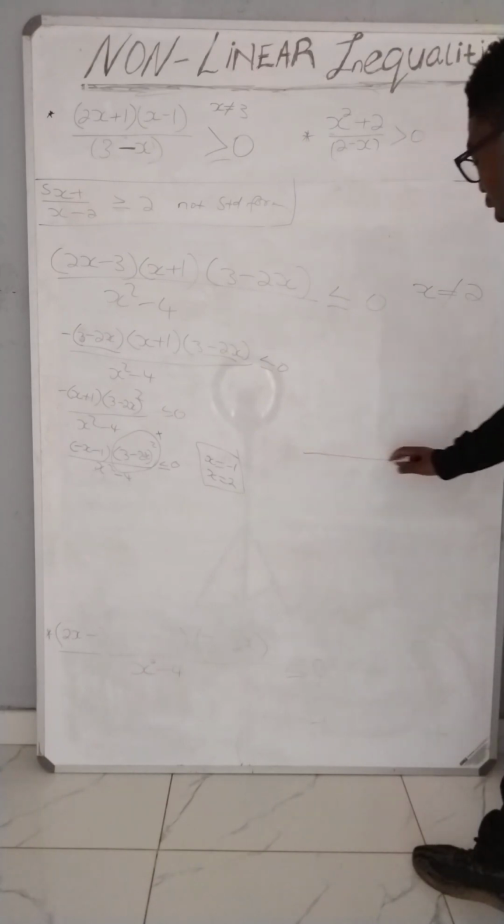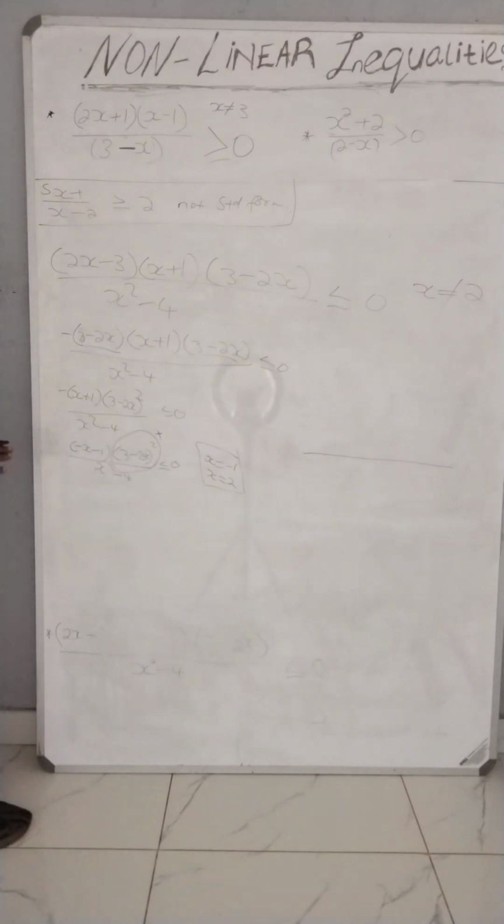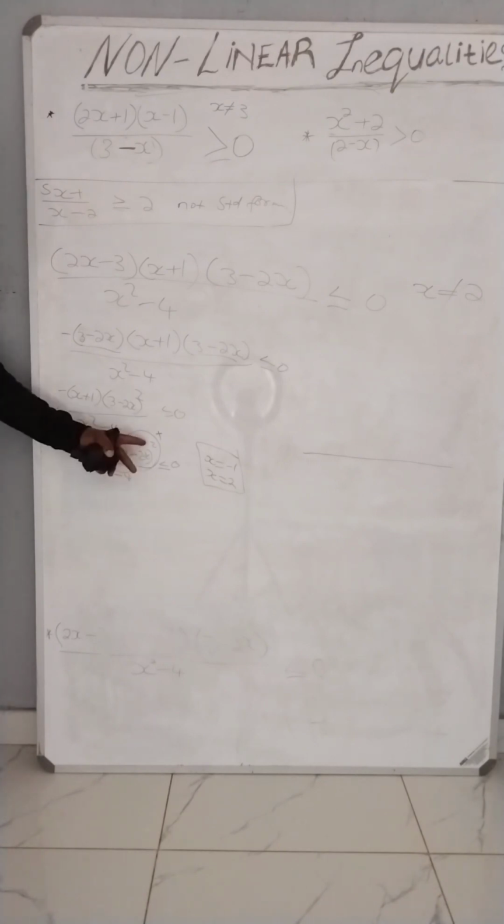Then you will make a division line, because this is less than 0. You want this divided by this to be negative, because negative times positive will be negative.